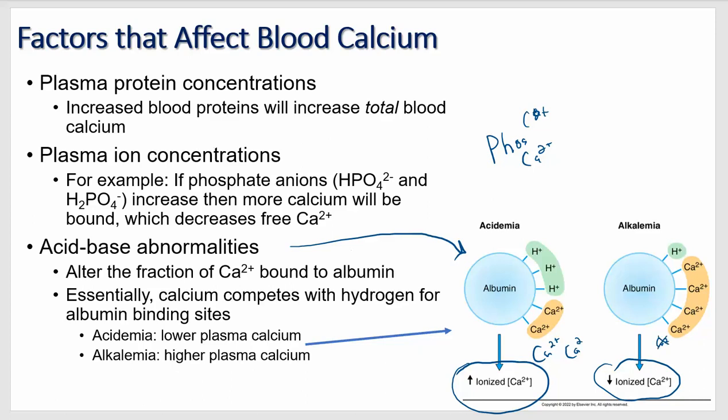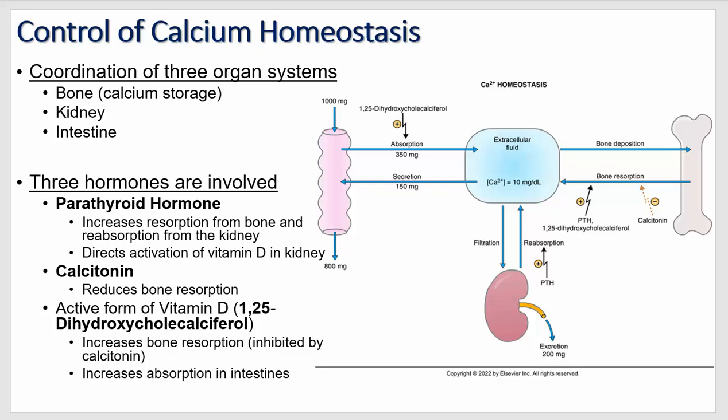So when you have a patient and you're looking at their labs and they are acidotic, you can predict that they may have higher ionized calcium, and you may have to do something about that, because high calcium can cause problems, as we've seen, and so can low calcium with alkalemia.